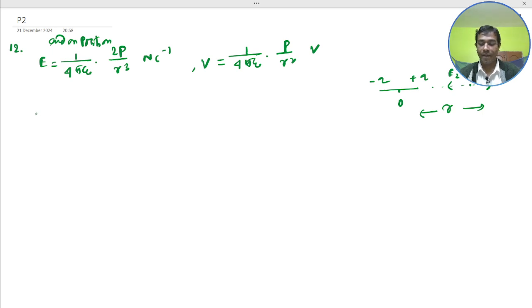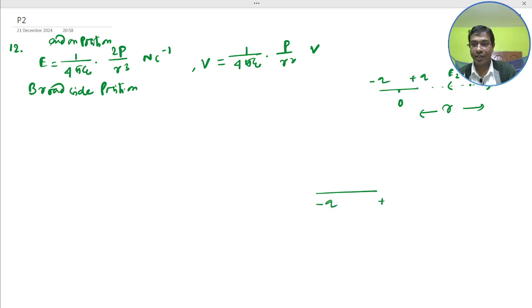And for the broadside position, this is minus q charge and plus q charge. This is a point P. Here the electric fields are in these directions, E1 and E2.